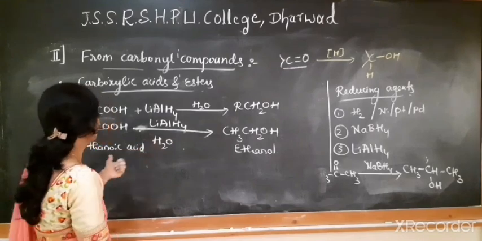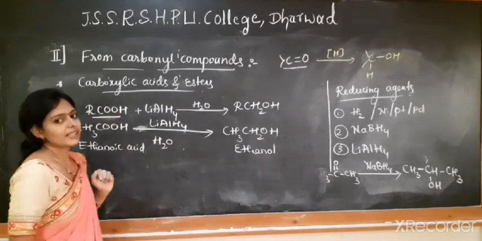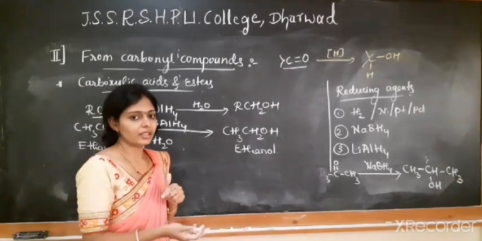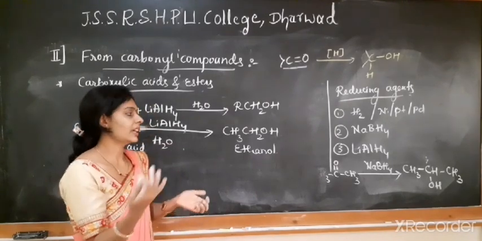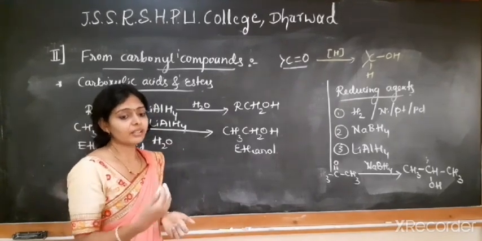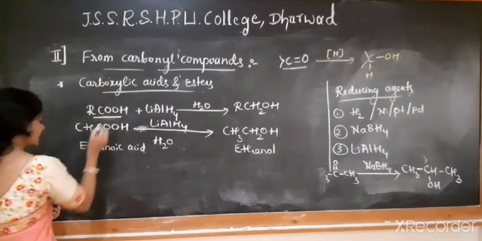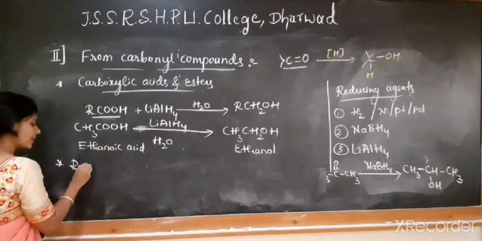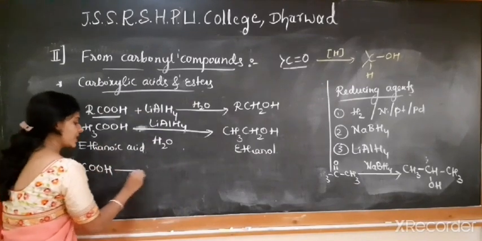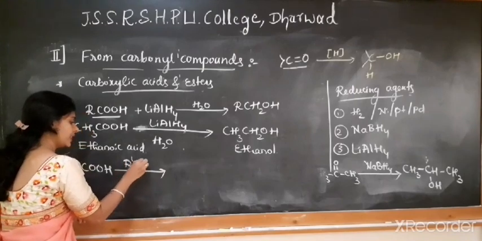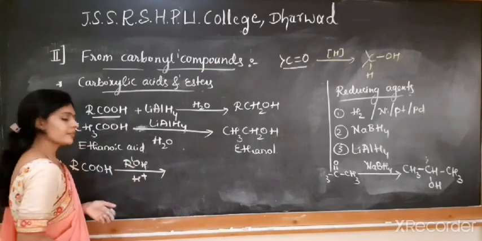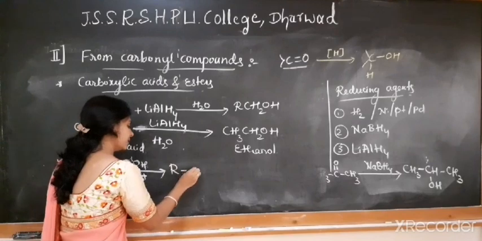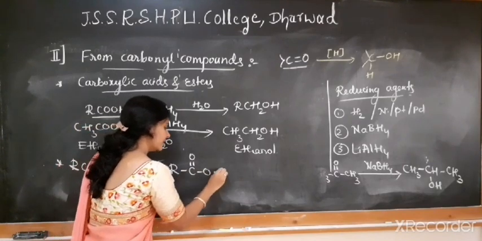So better, what we do is convert this carboxylic acid into the ester so that the reduction will be easy to get the alcohol. We take the respective carboxylic acid and treat it with an alcohol in the presence of an acidic medium so that you get the ester. We will study this reaction later in detail.